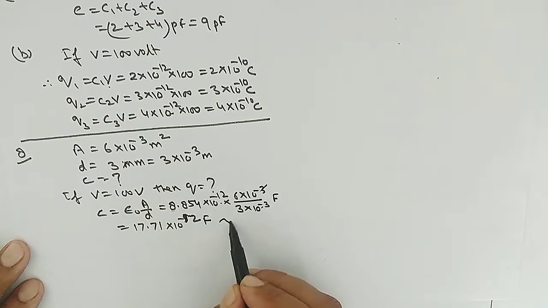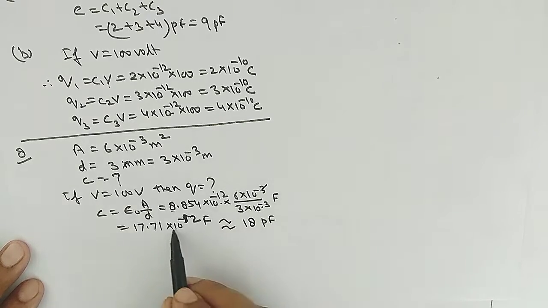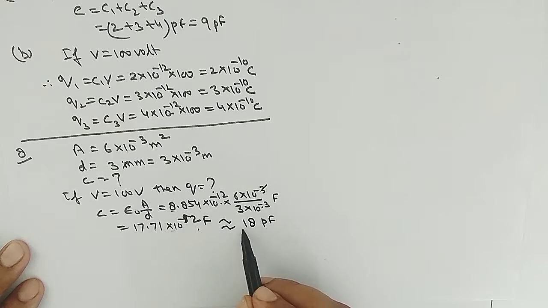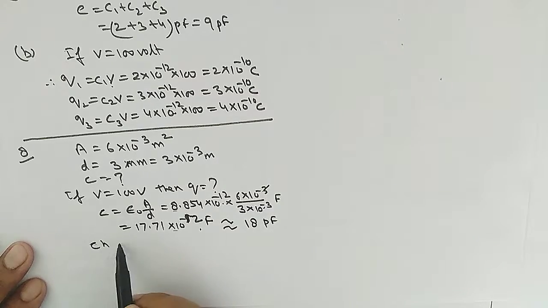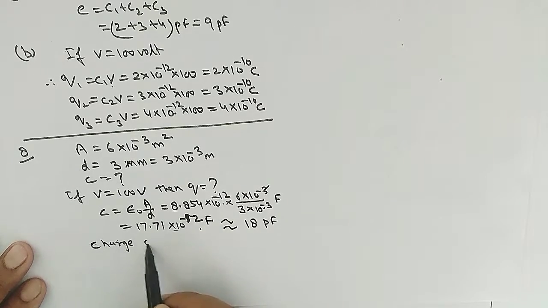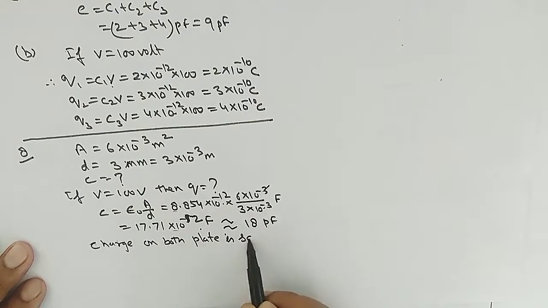Or simply you can say it is approximately 18 picofarad, because it is 10 to power minus 12. So it is approximately 18 picofarad. Now see the charge. In the second case, it is asked what is the charge on both plates, because it is the same. So the charge on both plates is the same.